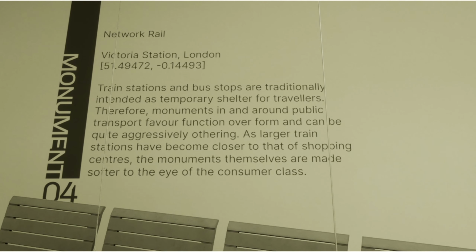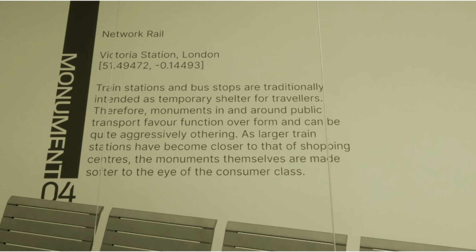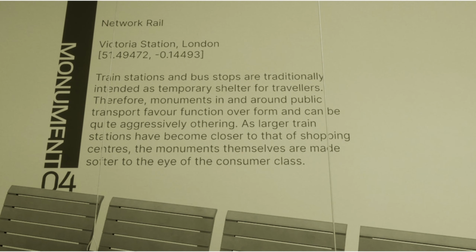Trains, stations, and bus stops are traditionally intended as a temporary shelter for travelers. Therefore, monuments in and around public transport favor function over form and can be quite aggressively othering. As larger train stations have become closer to that of shopping centers, the monuments themselves are made softer to the eye of the consumer class.